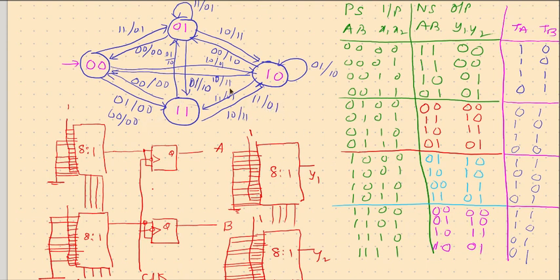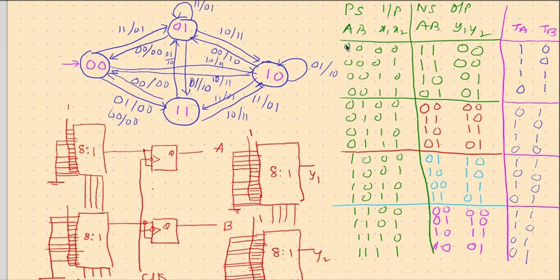Once these four columns are ready, the next step is to decide what flip-flop we want to use. In our earlier journey we had used the JK flip-flop. Next we had seen how to work with the D flip-flop. As an example, let us take the toggle flip-flop for this. What is the property of toggle? Whenever the toggle input is 1, the state changes.